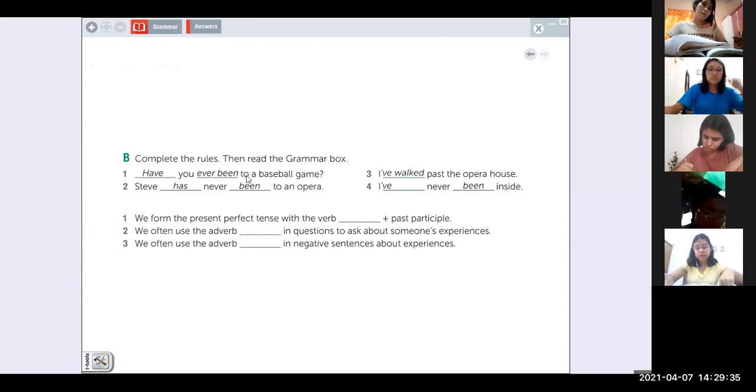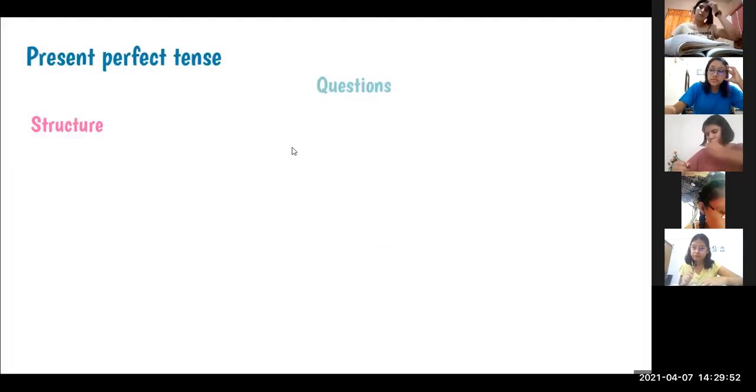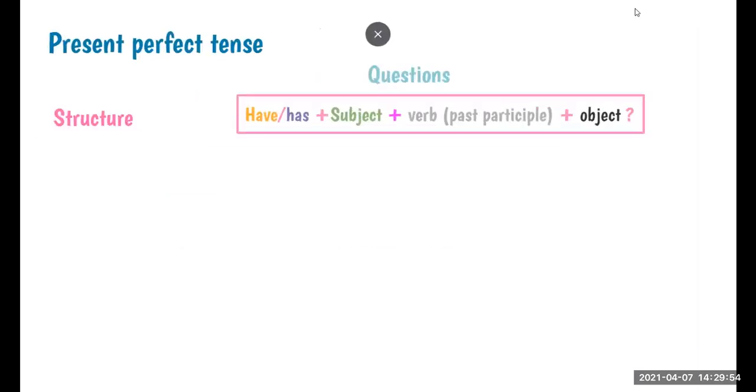Yes. And then, what is this? Past participle. The past participle form of the verb. Okay, and then the rest of the sentence. Very good. So this is the structure that you can use to write your questions in the present perfect tense.